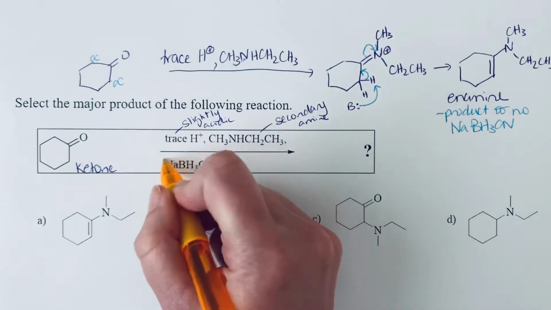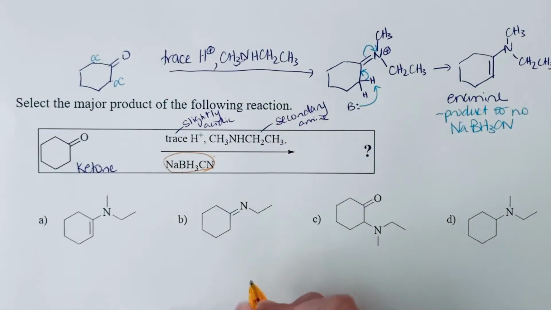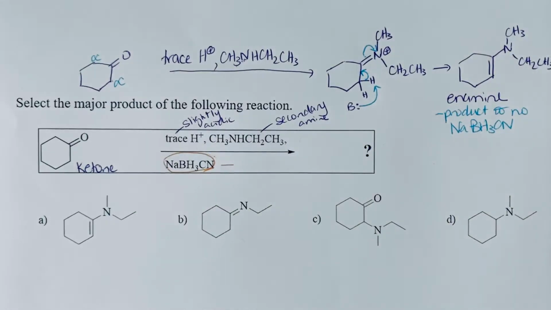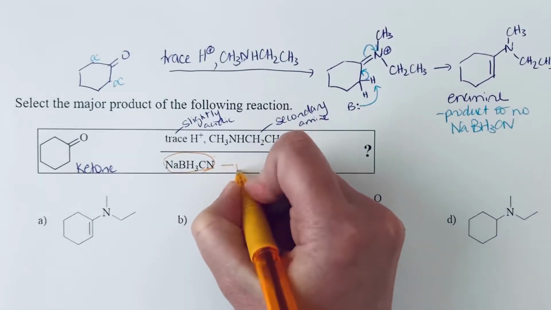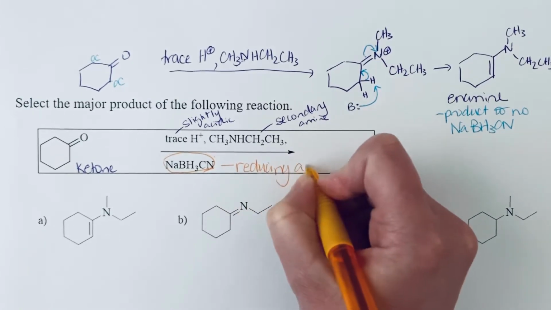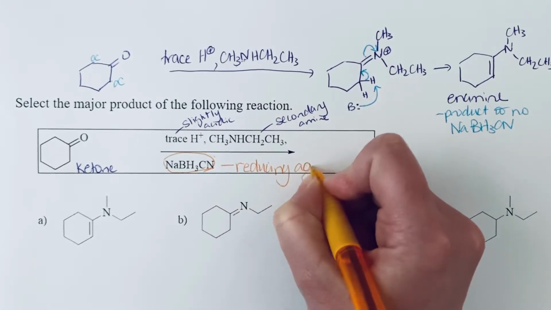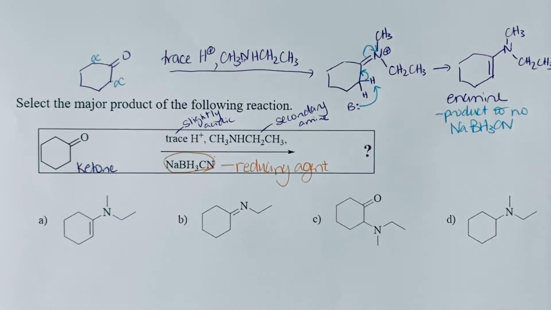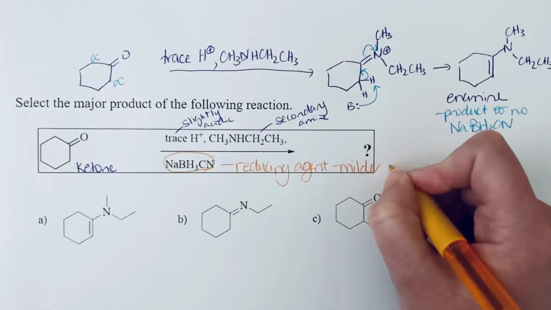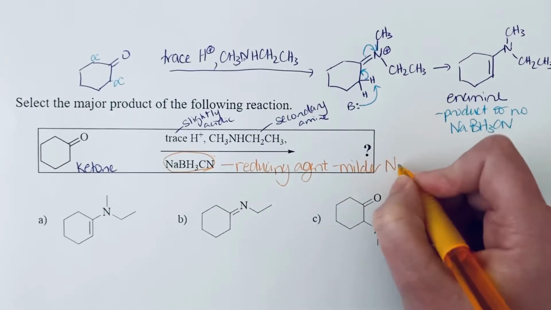What this is, it might look a lot like sodium borohydride to you, and that would be a good way to start thinking about this. And recognize that this is also a reducing agent. This is a mild reducing agent. So it's even milder than sodium borohydride.